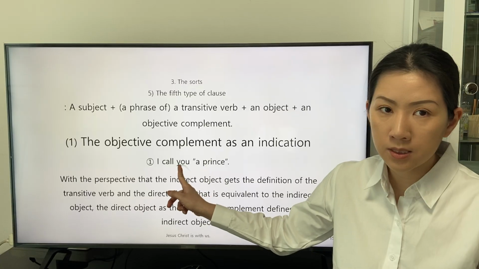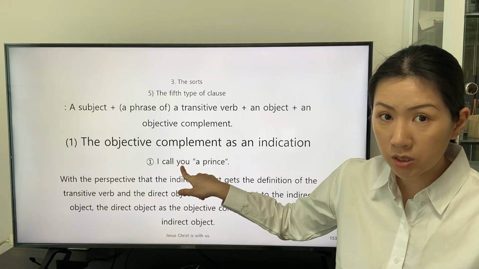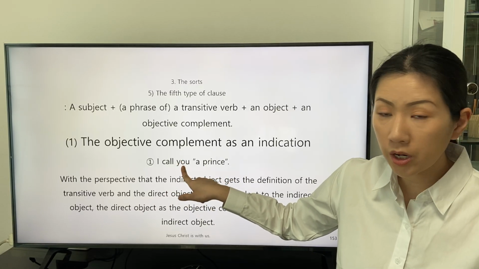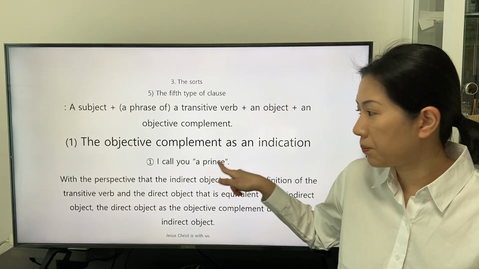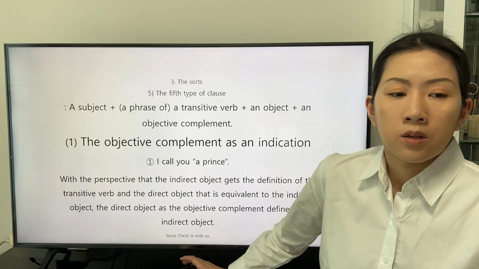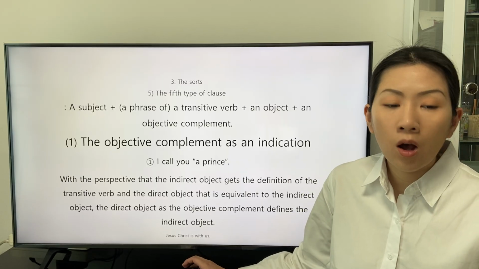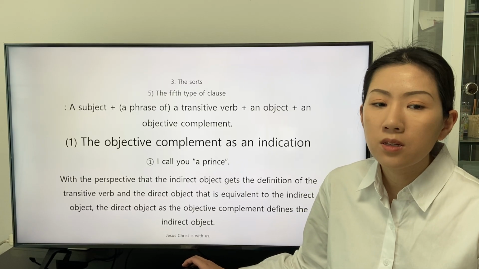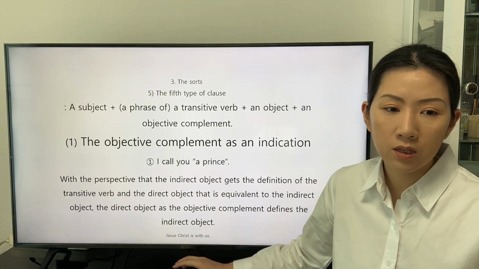Equivalent means the listener is a prince, a prince is a listener. The direct object as the objective complement defines the indirect object.